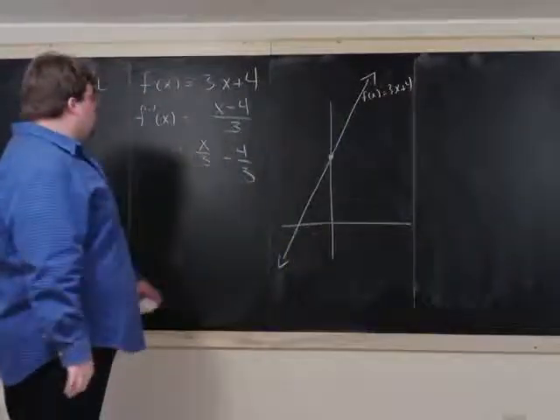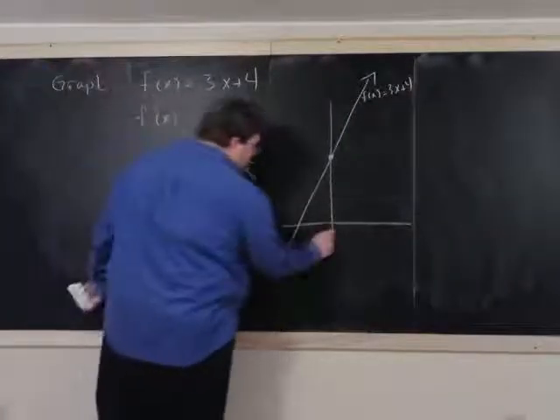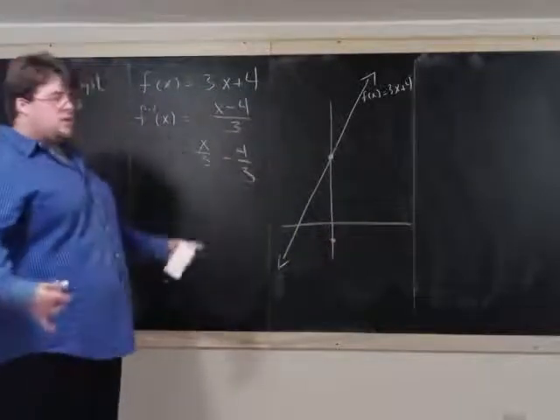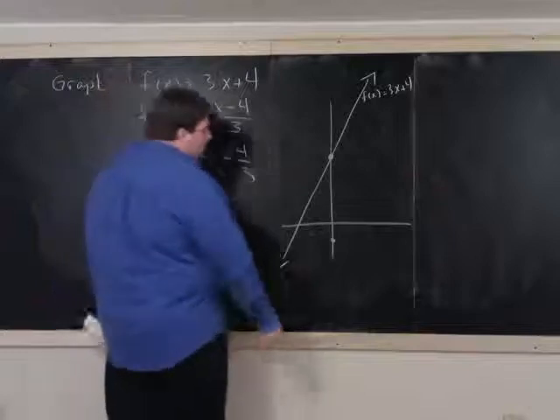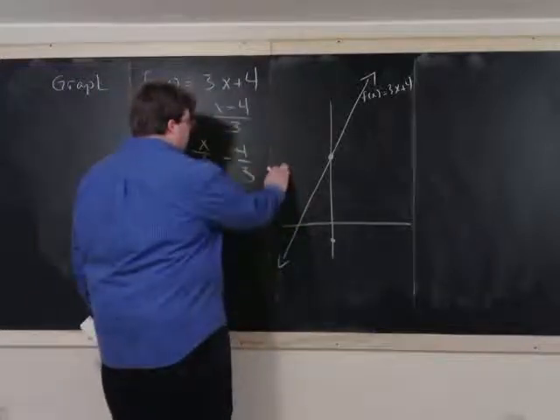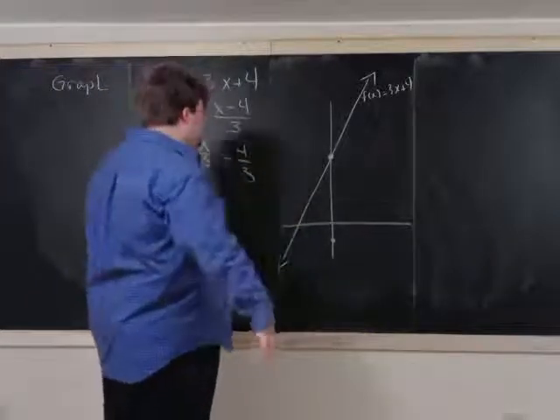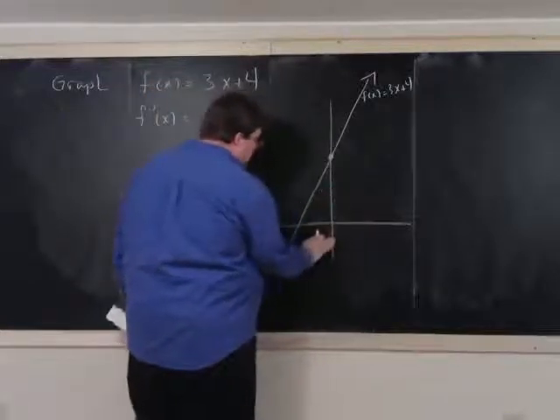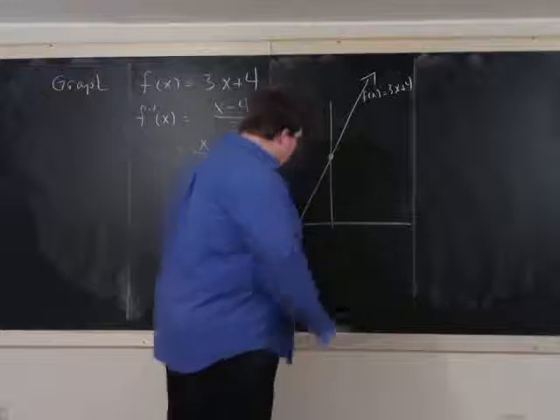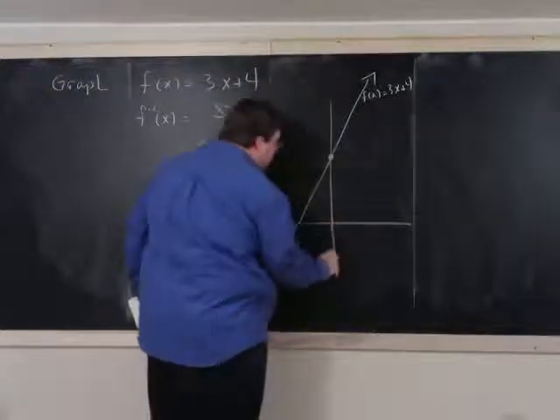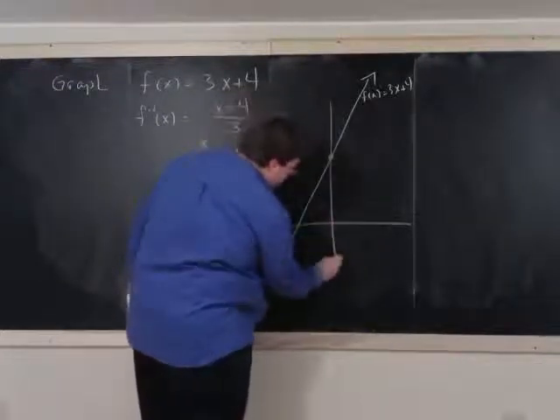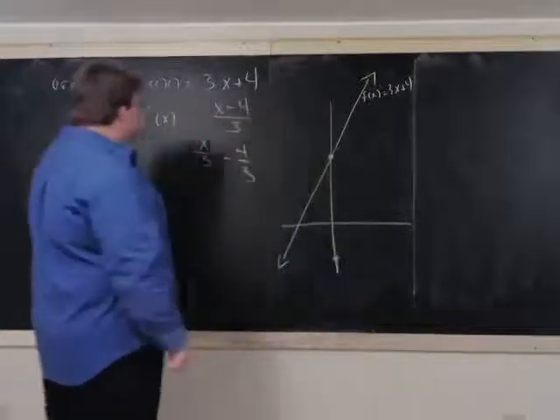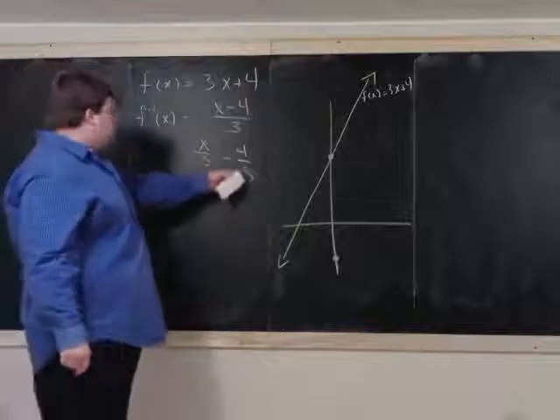F inverse has y-intercept negative 4/3. That's somewhere below here. I'm going to try to be kind of close to scale in this example so that the geometry looks nice in a moment. So this up here is 4. 4/3 actually should be a little lower. 4/3, 1 1/3. That's a third of this length. So I'm going to try to draw that about a third of that length. So we have slope 1/3 and y-intercept negative 4/3.